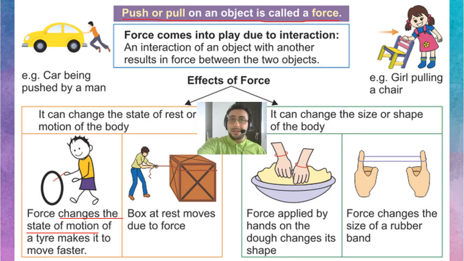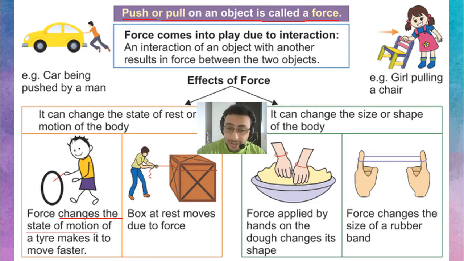So instead of coming this way, now it goes this way. So you change the direction of the movement. Or a ball is stable, it's not moving, and then you hit it and it moves. So you can change its state. You can make it move because of force.